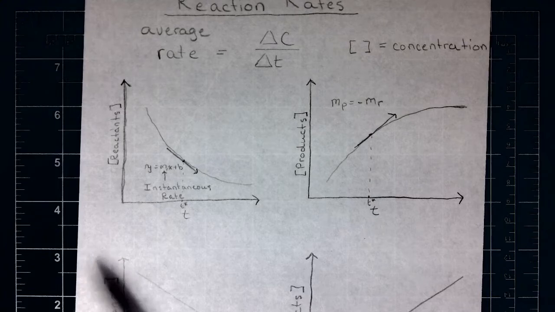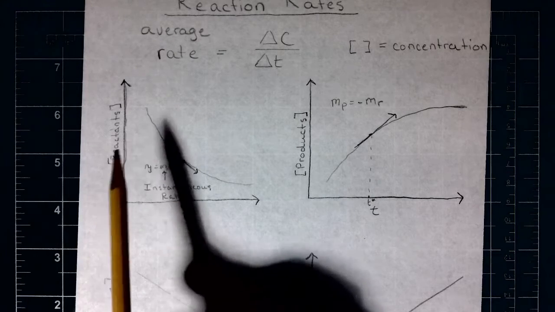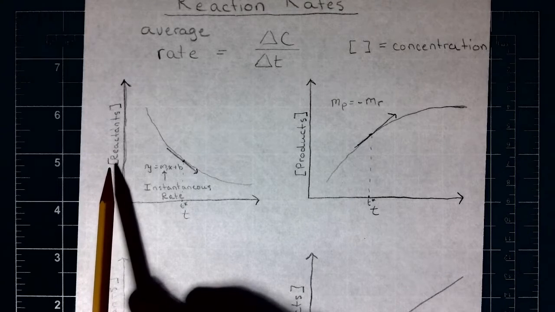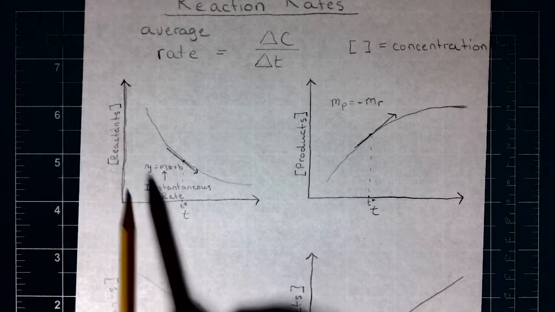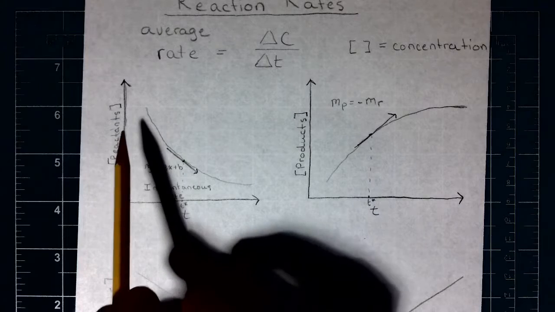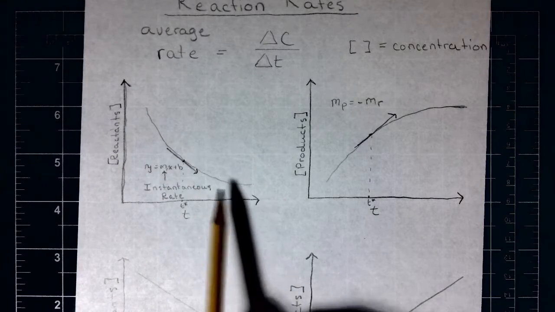So let's look at a graph of a process here. If we have the reactants in our reaction, we talk about the concentration of the reactants, and we look at that over time, we're going to get some kind of arbitrary curve for that.